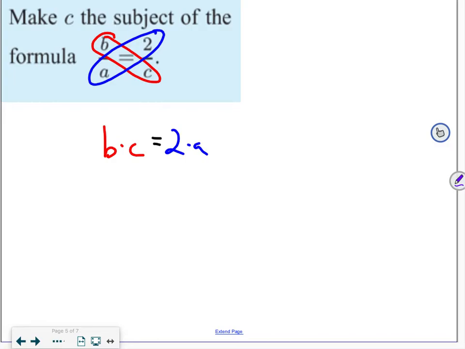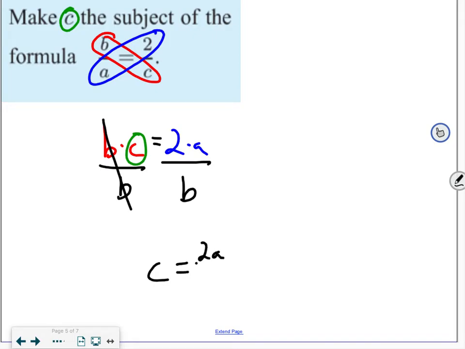Since my goal is to make c my subject, I identify where my c is, and I'm going to undo the multiplying by b, so divide both sides by b. I reach my goal of c, because that goes to 1, and 1 times c is c, and I get c is equal to 2a over b, and c is my subject.